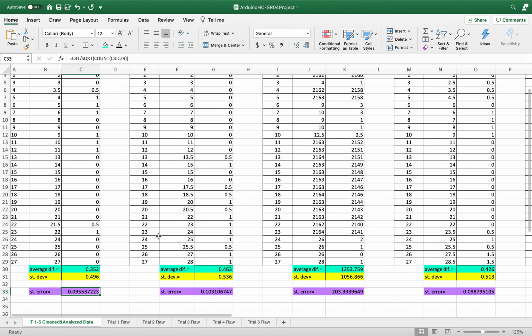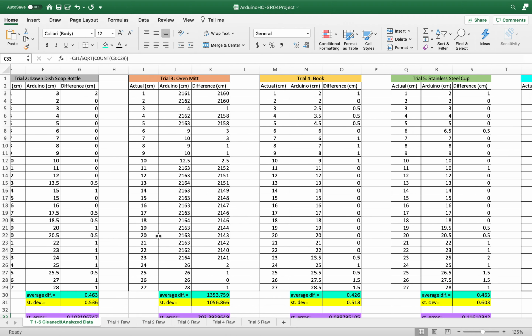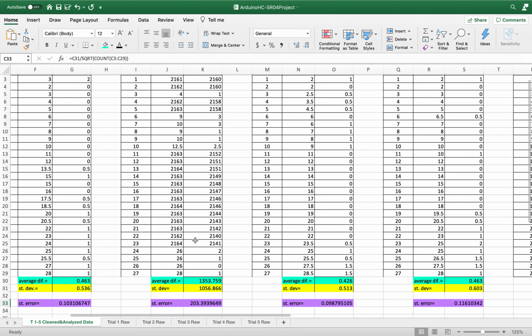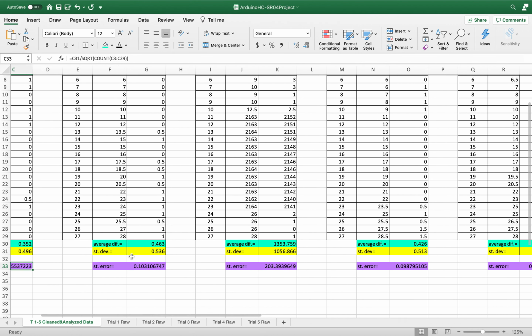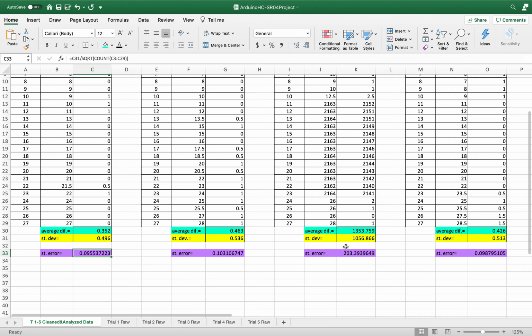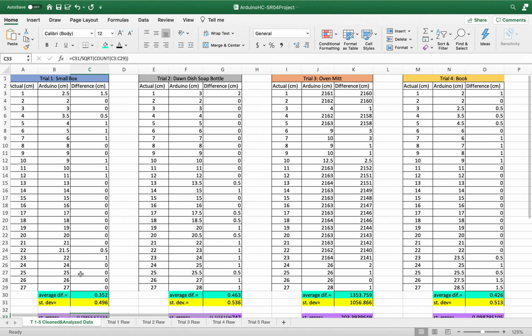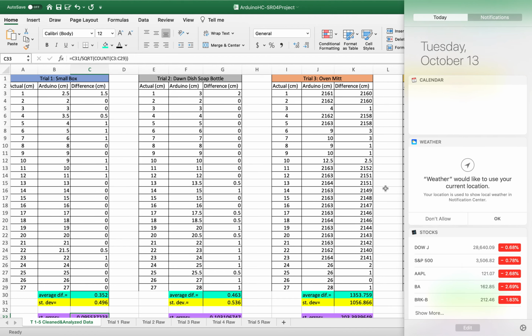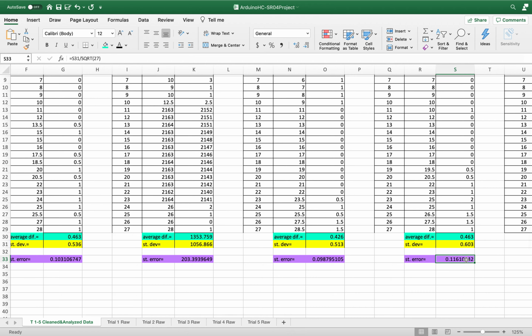And so we did the standard error for all 5 of our trials. And so again, we see that there are some more significant standard errors than others, but for the most part, the standard error for our trials 1, 2, 4 and 5, they were all pretty small.